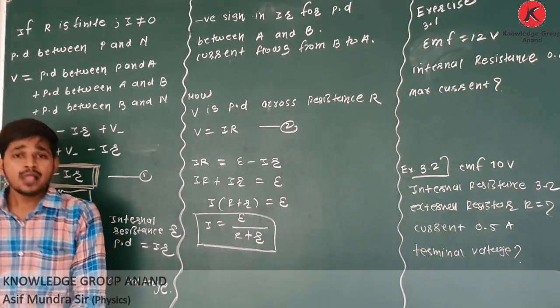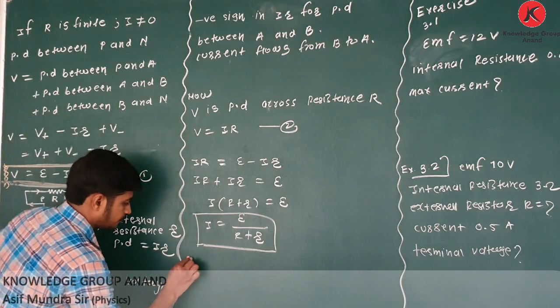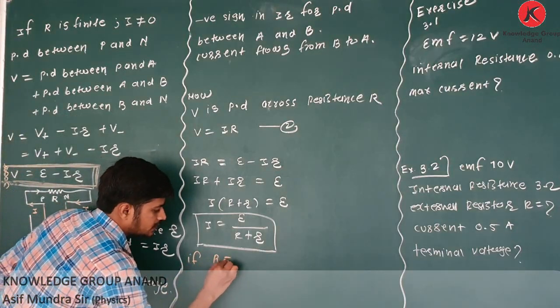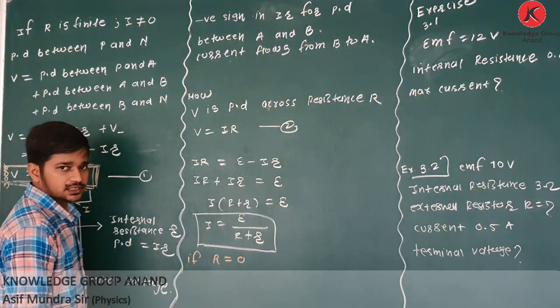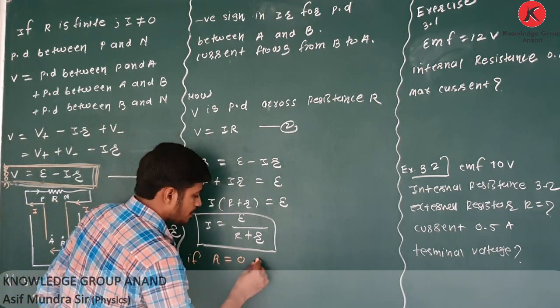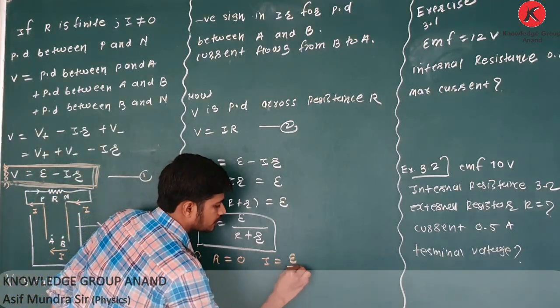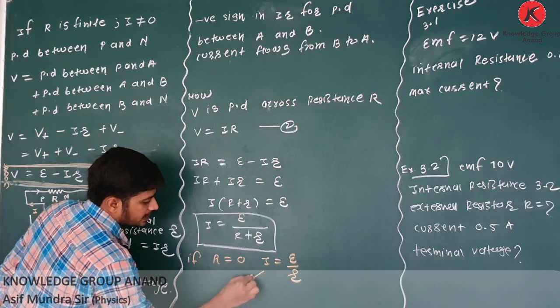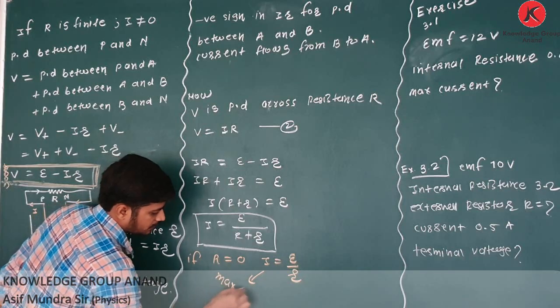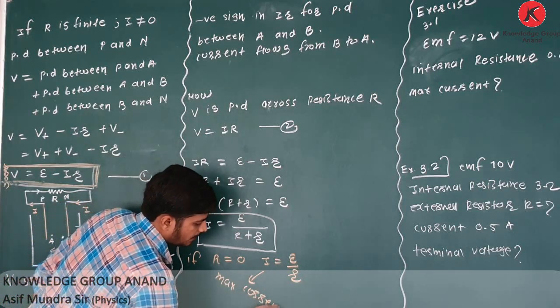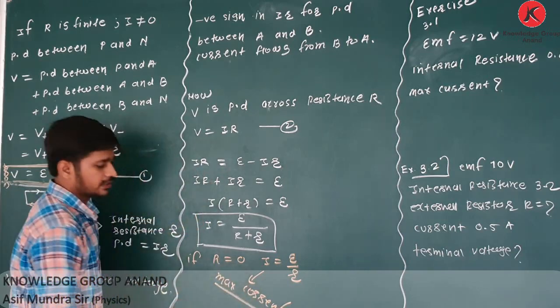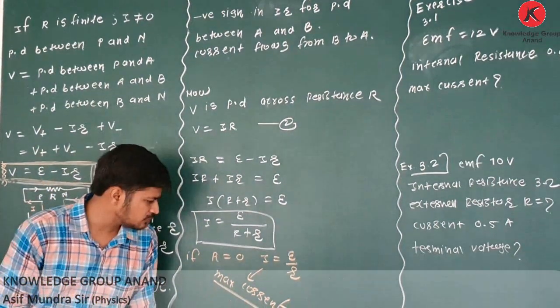Now, if the external resistance is 0, then I is equal to E upon r, and it is called the maximum current. You have to remember this point.